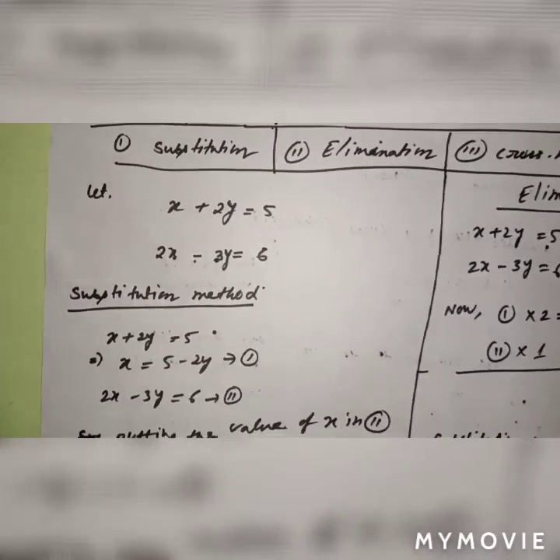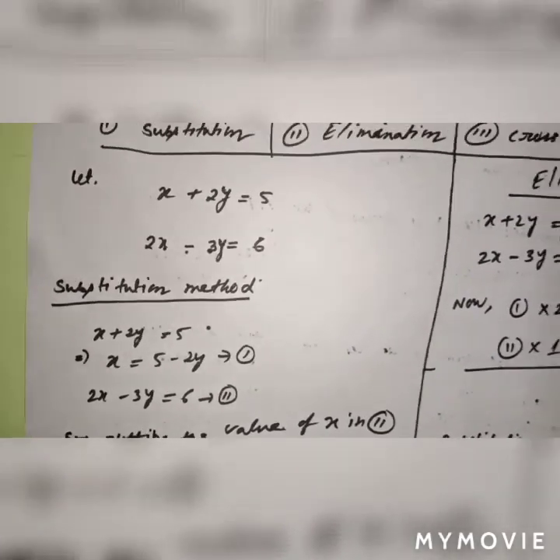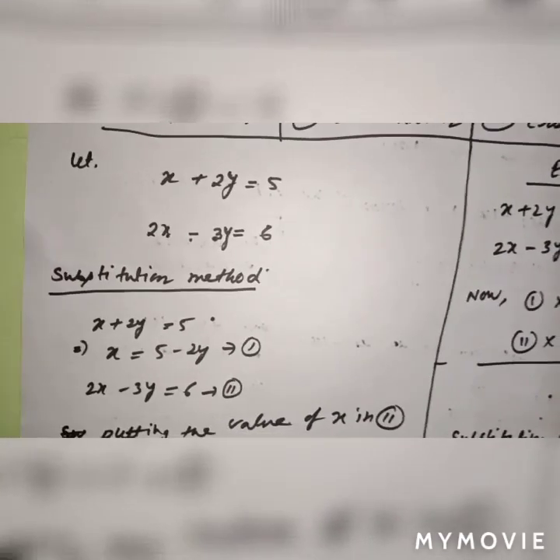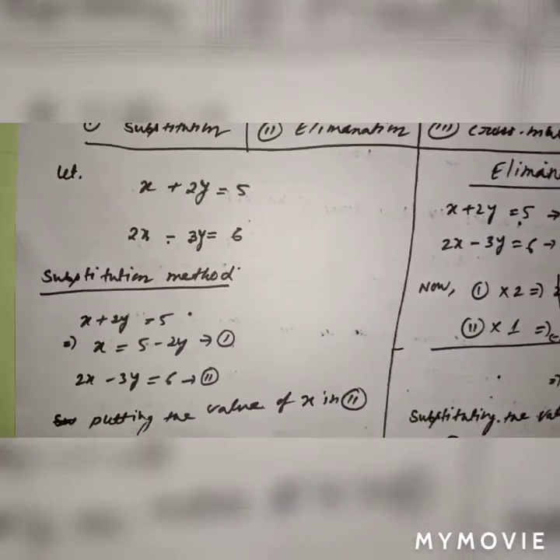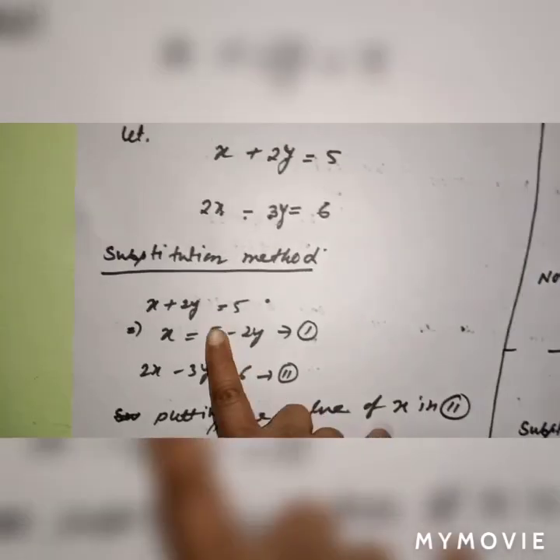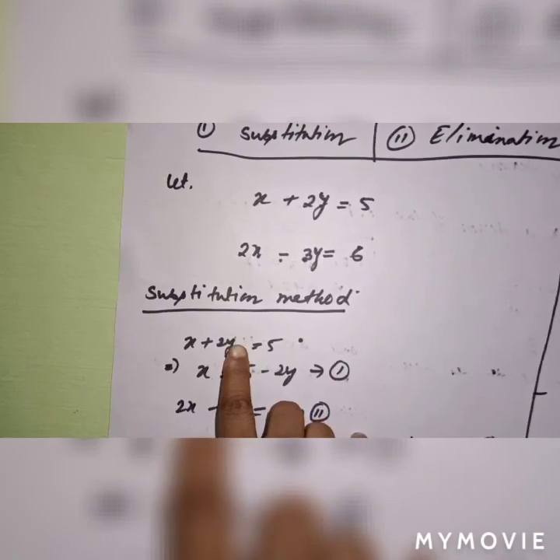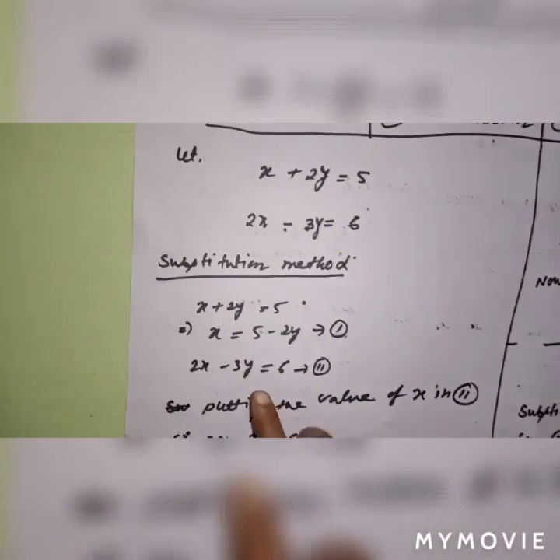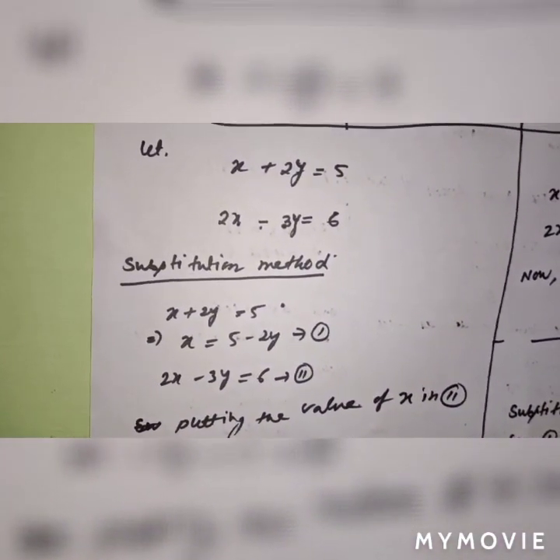It is not compulsory that you express in terms of y only, or in equation number 1. No, you can express in terms of x or y in either equation, 1 or 2. So here I feel this is easy: 2y this side, so x = 5 - 2y, this is equation 1. Then 2x - 3y = 6.